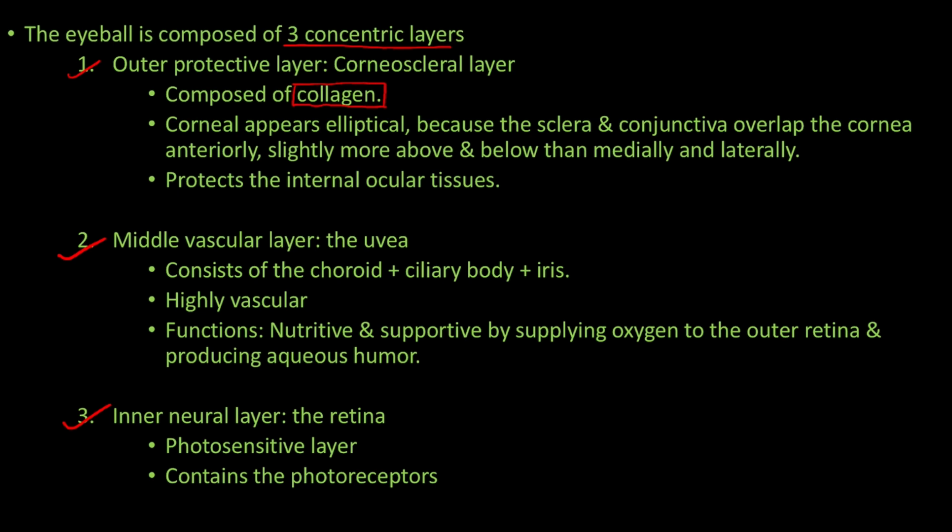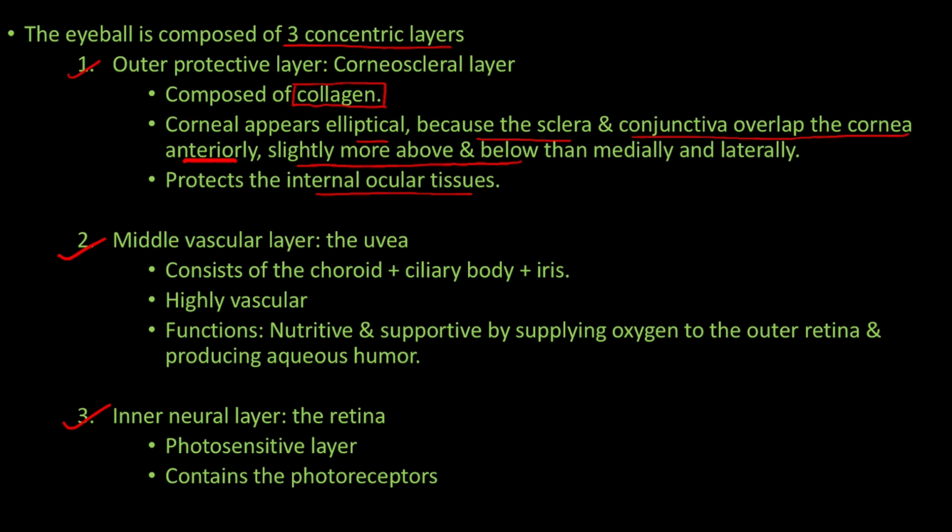The cornea appears elliptical because the sclera and the conjunctiva overlap the cornea anteriorly, slightly more above and below than medially and laterally. The main purpose of this layer is to protect the internal ocular tissues.